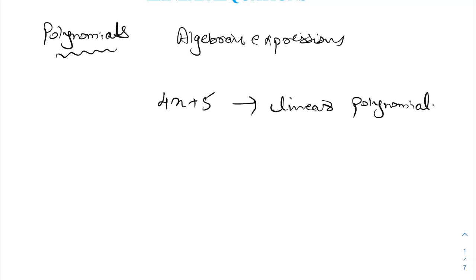Now, if we write the other side of this polynomial by adding equal to, we can write here any number. Now this has changed into an equation. Since the degree of this variable is 1, this equation is known as a linear equation.